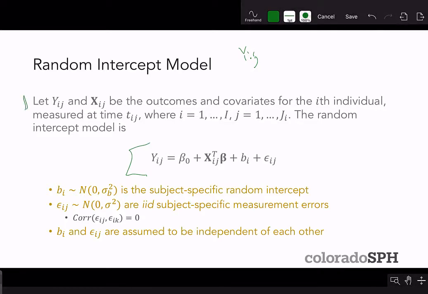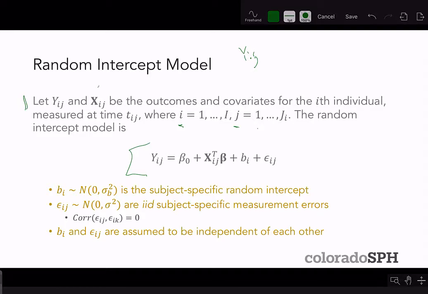Let Yij and Xij be the outcomes and covariates for the ith individual measured at time Tij, where there are 1 to I subjects. Those are the values that little i can take, and little j can take 1 to Ji, depending on the time point that we're talking about.